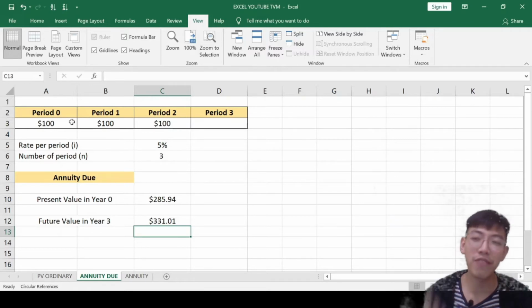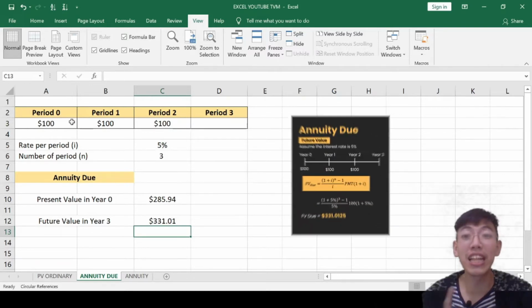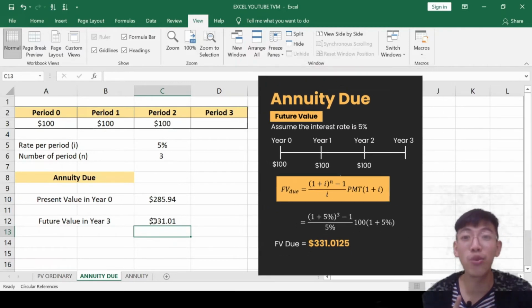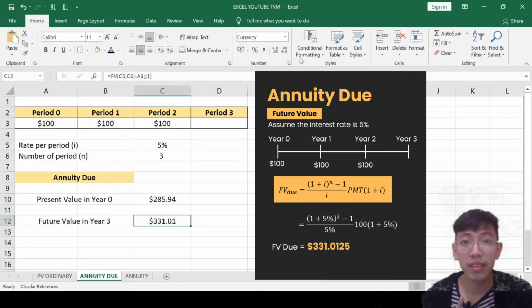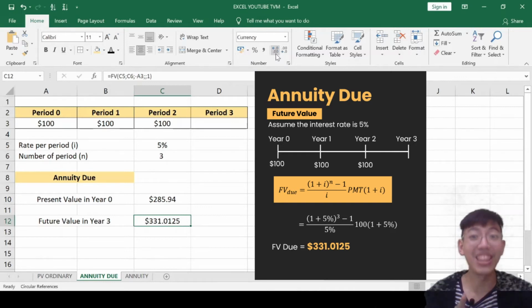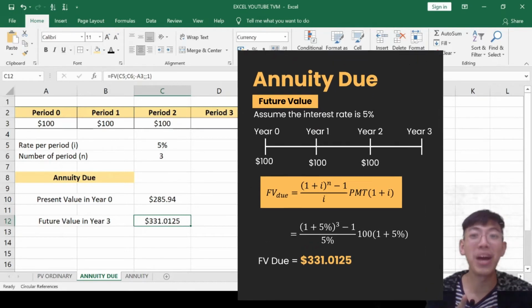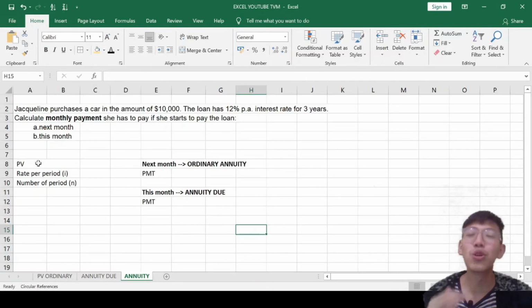In our previous calculation, it is 331.0125. Okay, let's round to 4 decimals. Same, right? 331.0125.